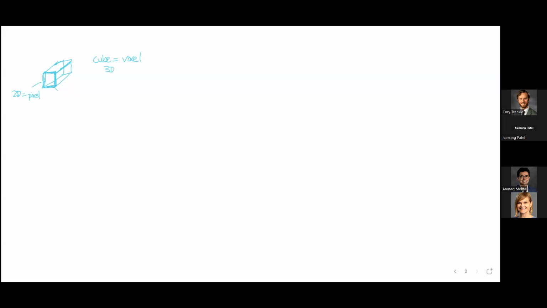Now here, the depth of this is going to be, in the world of MRI, your slice thickness. And then here, the front of this box, the pixel side of it, is what we commonly refer to on your screen as your spatial resolution.